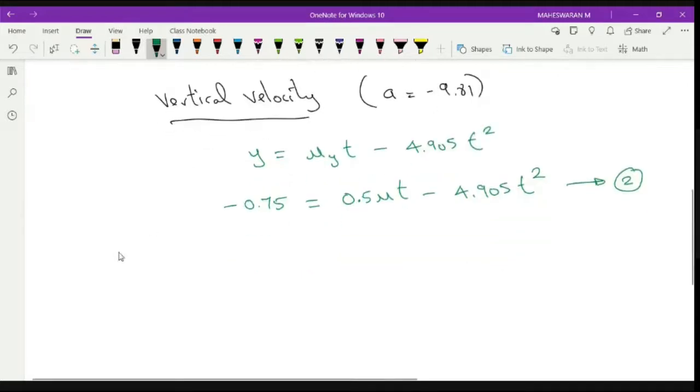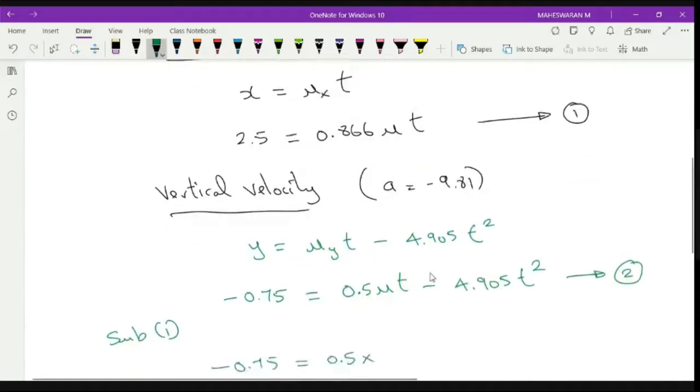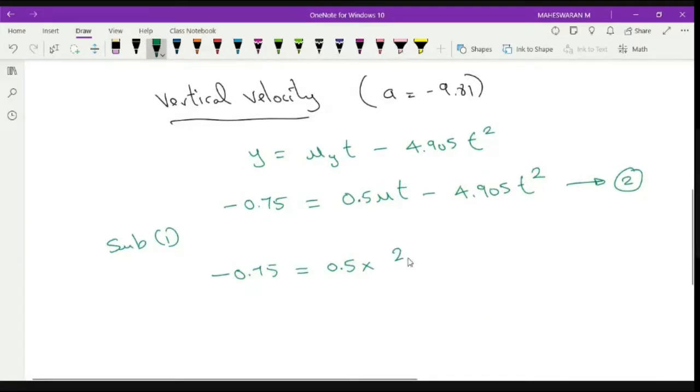So substituting 1, what I'll get: minus 0.75 is equal to 0.5 into ut, which is 2.5 divided by 0.866, minus 4.905 t square.